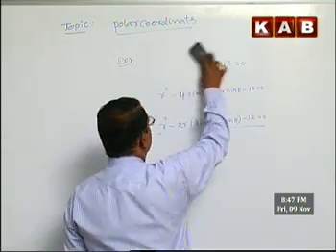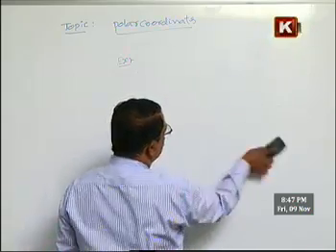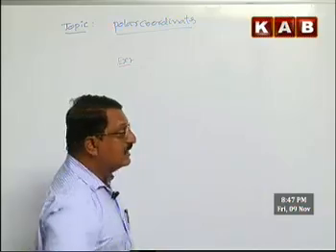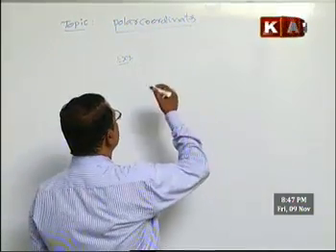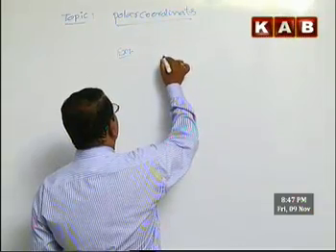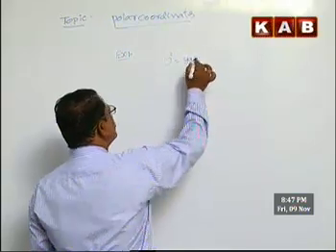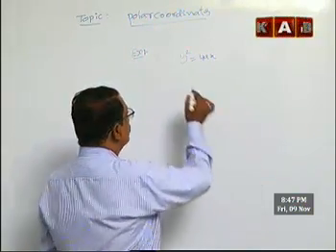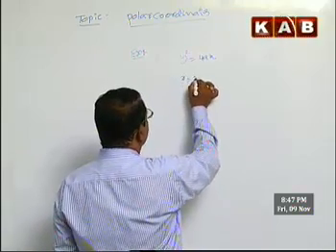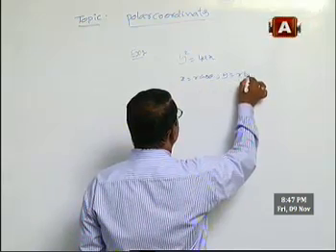Similarly, another example: the equation of the parabola. The Cartesian equation of the parabola is y square equals 4ax. Now we convert this into the polar equation of the parabola. Here x equals r cos theta, y equals r sin theta.